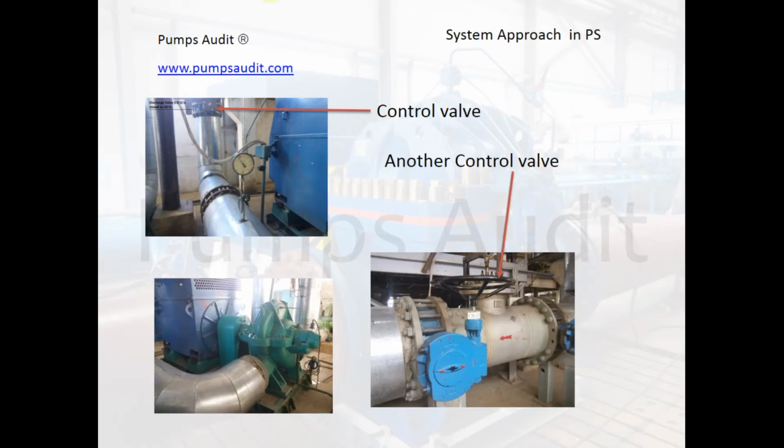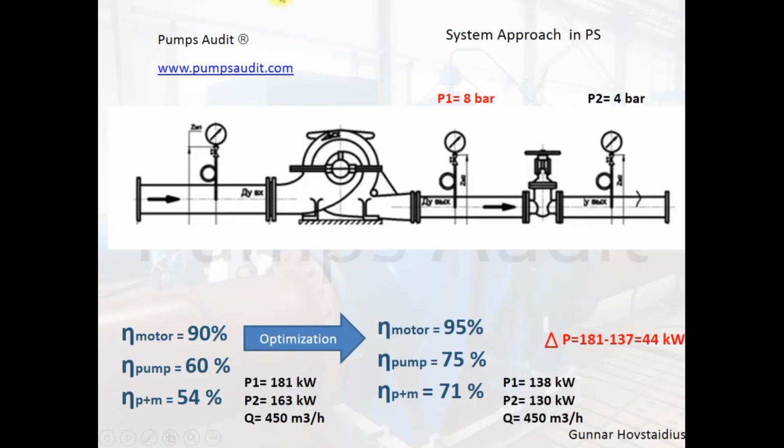The first one was installed in the discharge pipeline immediately after the pump, and it was closed by 30%. The second one was installed in a pipeline in another hall, so the overall pressure drop across the two valves was about 40%.